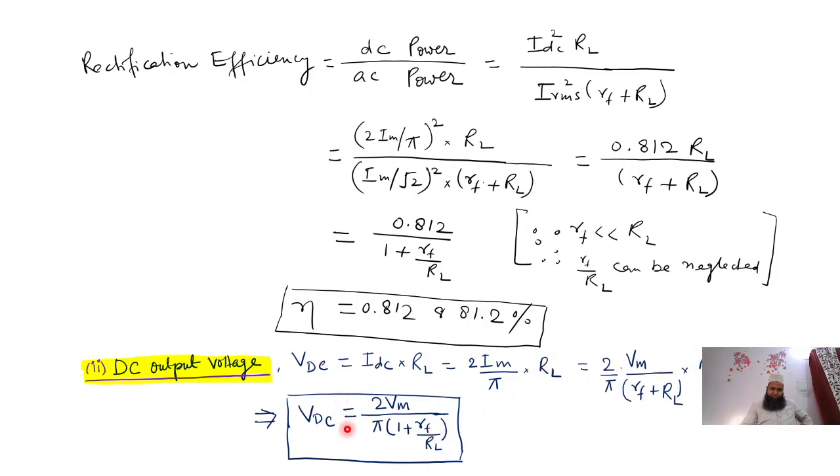Now VDC equal to 2 Vm upon pi into 1 plus Rf upon RL, by dividing RL in numerator and denominator.